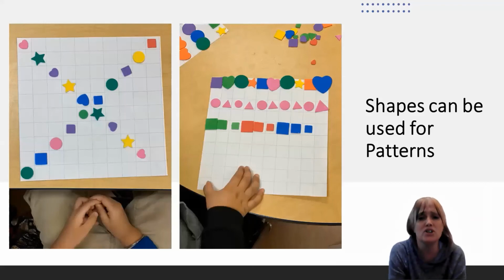You could put a whole bunch on the table and have your child glue and paste and do patterns with them. The patterns could be diagonal, straight across. It could be a big square, a medium square, a small square, any way that they want to do. Just let them have lots of fun with it.